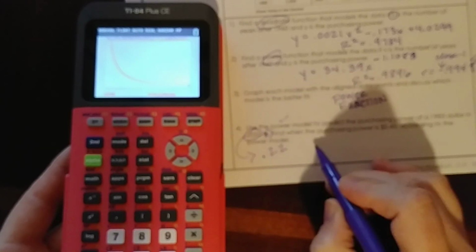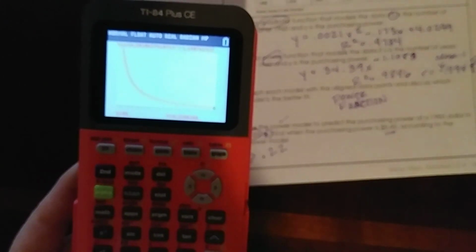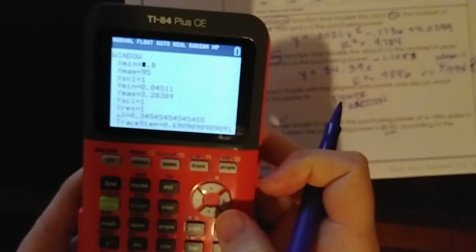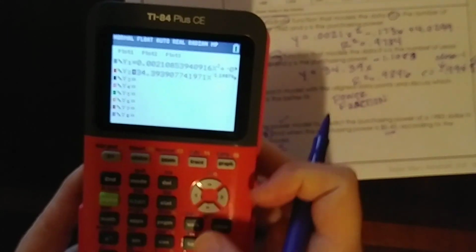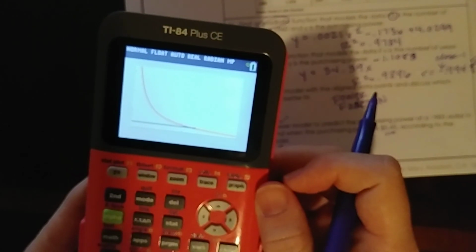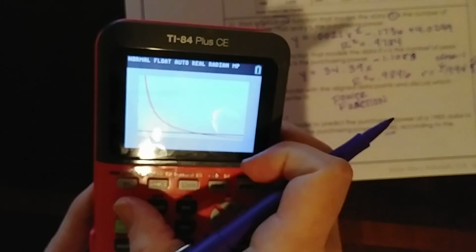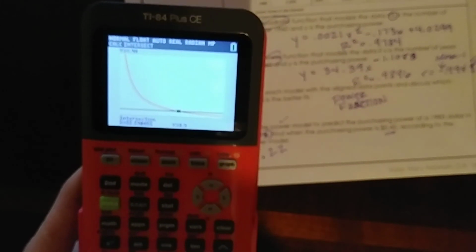Okay. Find when the purchasing value is 40 cents. So I need to let my Y3 be 0.40, and I'm going to calculate where those two lines intersect. Enter, enter, enter.